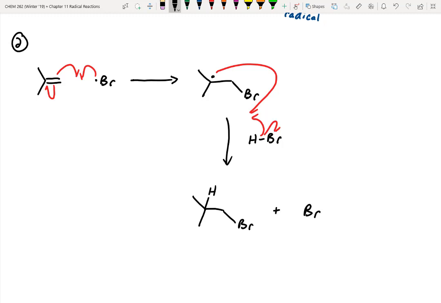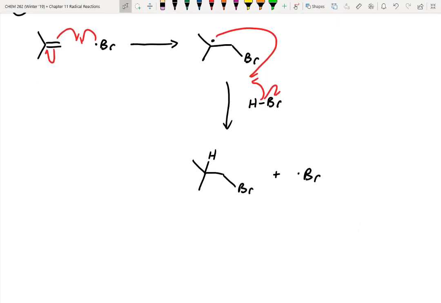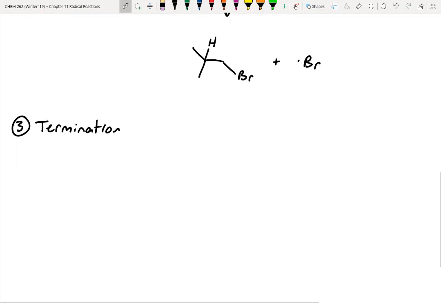And we've regenerated our bromine radical, which is important for that propagation step. All right, and then the last step is termination. And with termination, like we've seen before, you can take any remaining organic radicals and have these coupled together in order to form your elemental bromine.